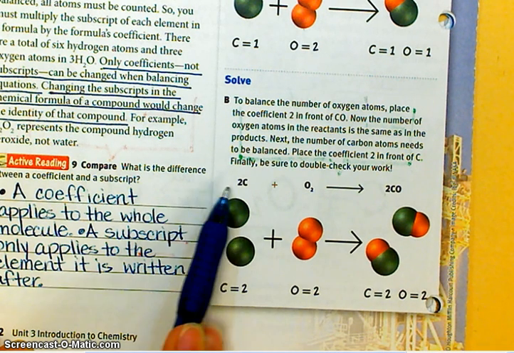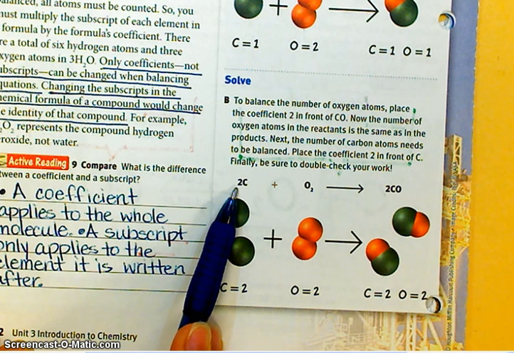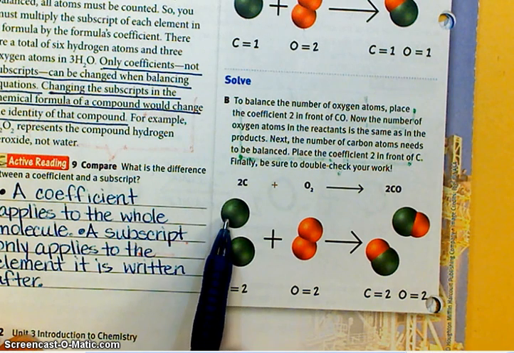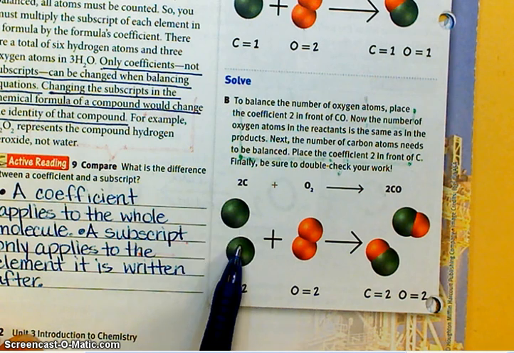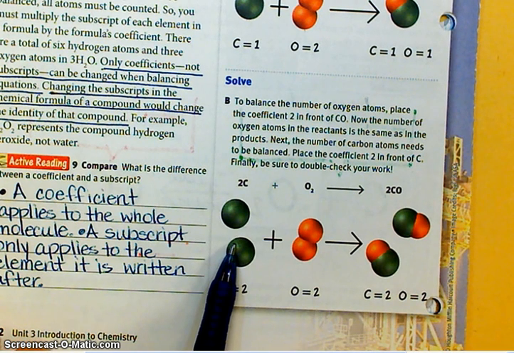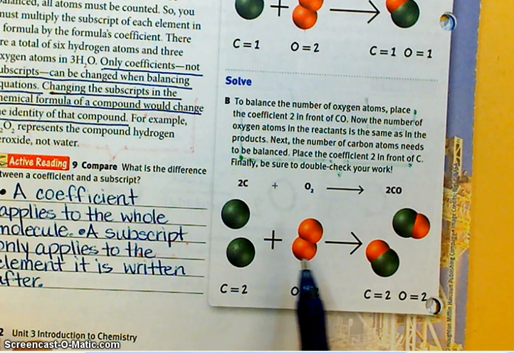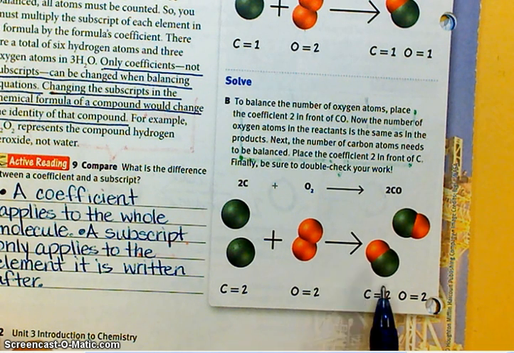So I go back and put a coefficient of 2 in front of the carbon here. And once I've done that, I am showing that I need 2 atoms of carbon to react with a single molecule of oxygen, because a single molecule contains 2 atoms, to produce 2 molecules of carbon dioxide.